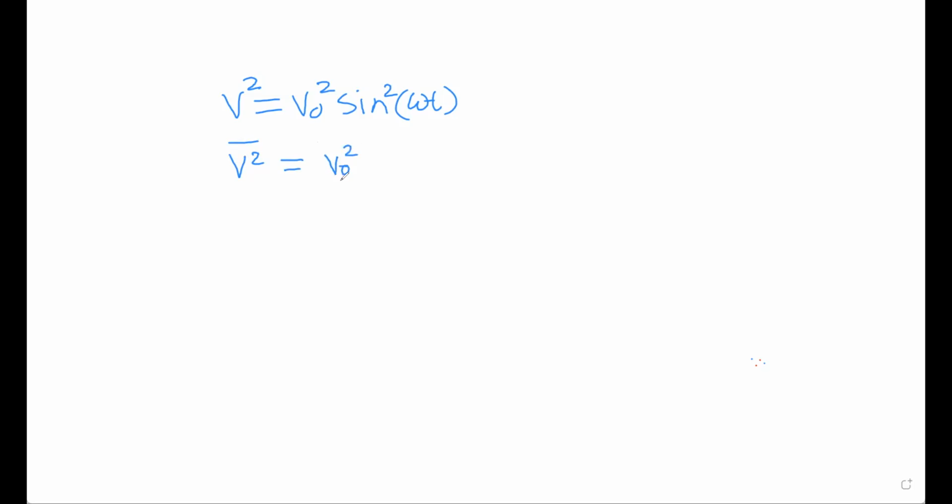We cannot take the average of the peak value. The average of sine squared is half, so the average of V squared is half V0 squared. And the same thing you can show for I: the average of I squared is half I0 squared.